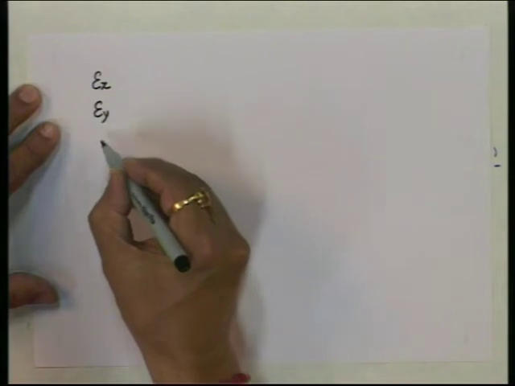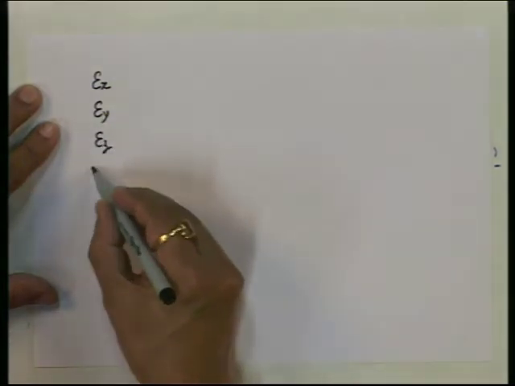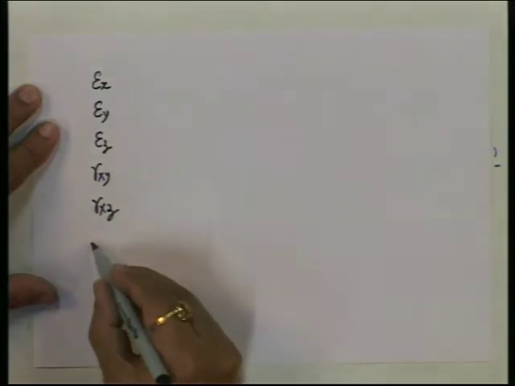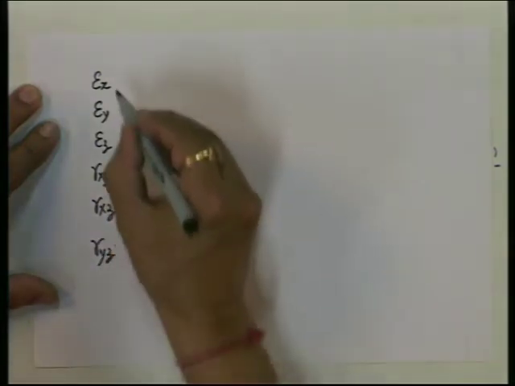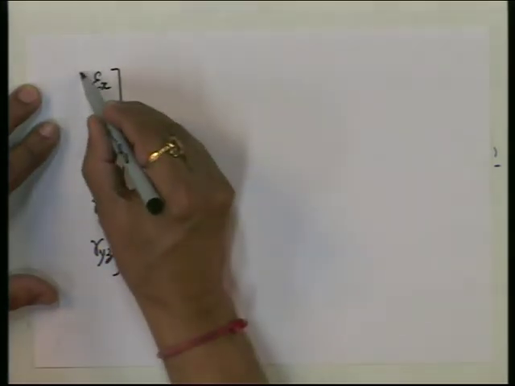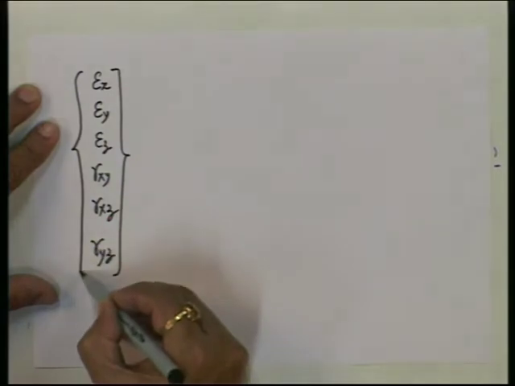So, we can write down this relationship: epsilon x, epsilon y, epsilon z, gamma xy, gamma xz and gamma yz on the left hand side in matrix notation.